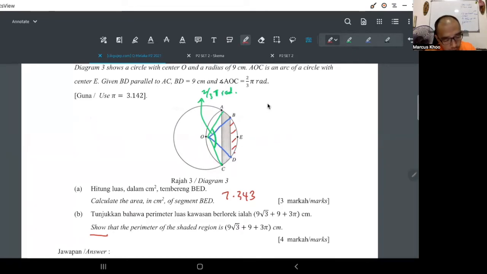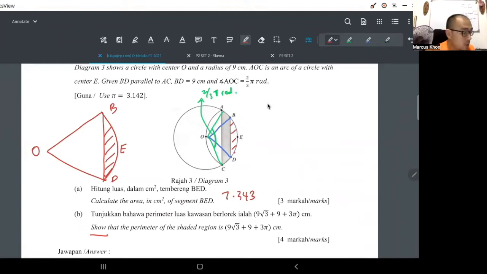If we draw OBED, I'll get O here, B here, E here, D here, and here is what we want. So in this case, we want the area of the sector, which is 1/2 r squared theta, minus the area of the triangle, which is 1/2 ab sine C.